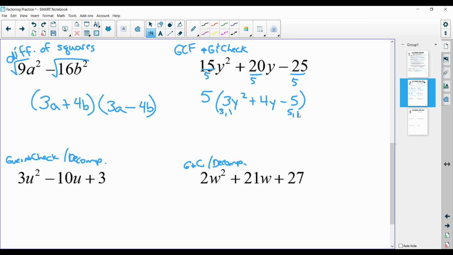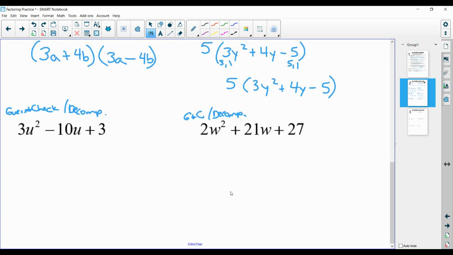Will these get me to a 4? The answer is no. There's no combination that I can use that's actually going to get me a negative 5 and a positive 4. So we're actually done at this point. That is the last we can go. So our final answer is just 5 times 3y squared plus 4y minus 5, because we can't go any further.